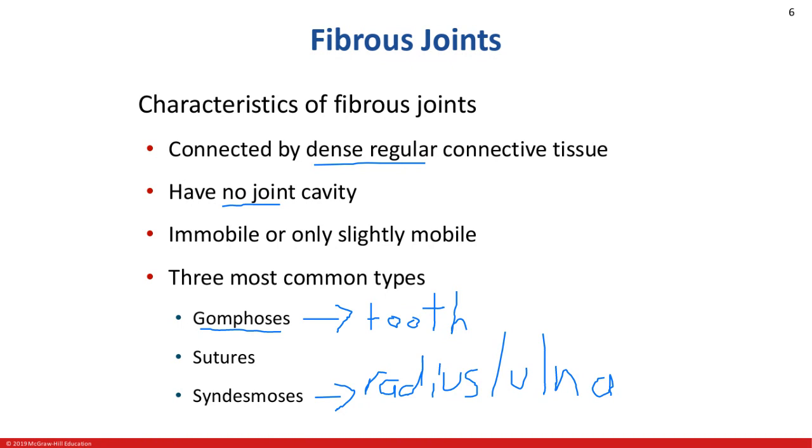We'll see that also down in the tibia and the fibula, but we haven't checked that out in lab yet. So keep in mind, these types of joints have not a lot of movement, ranging between immobile to just maybe a little bit of movement. So what can we say then? If they're not very mobile, what does that say about their stability? Pretty stable.